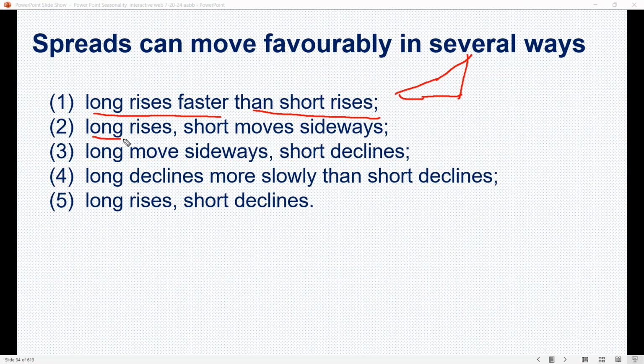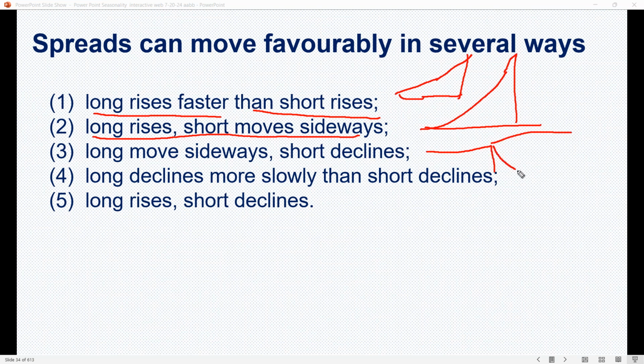But what if Apple goes up, but QQQ goes sideways? You're making money. See that spread widening? Also, what if Apple goes sideways, but QQQ goes down? You're making money. See the spread widening there? Or you could have Apple start declining slowly, but QQQ is declining faster.